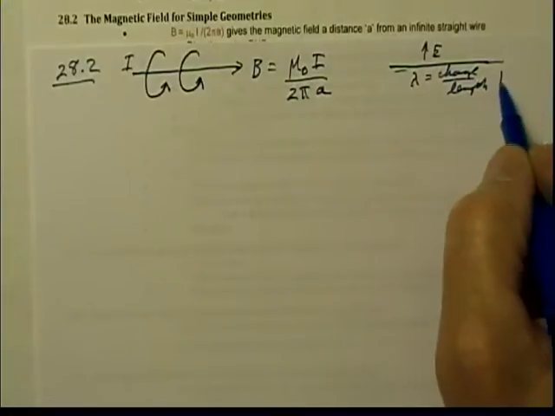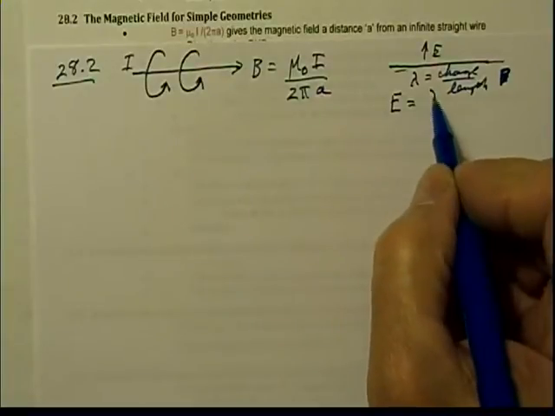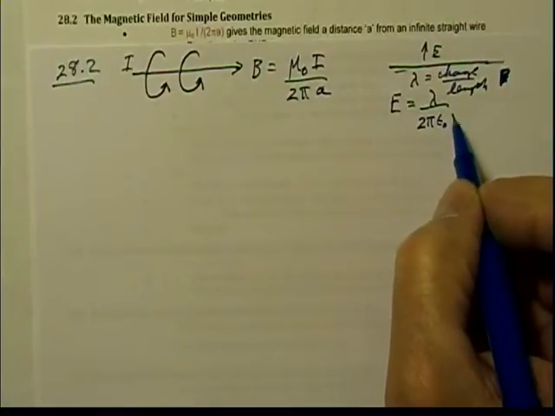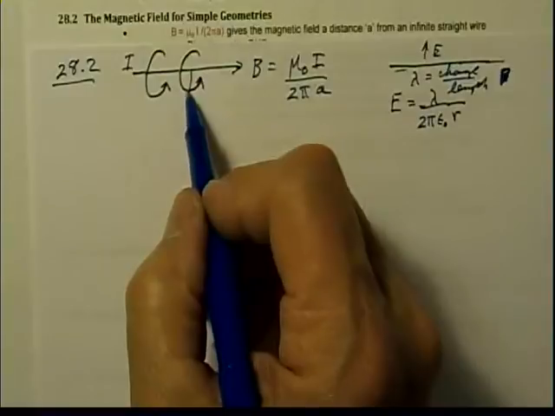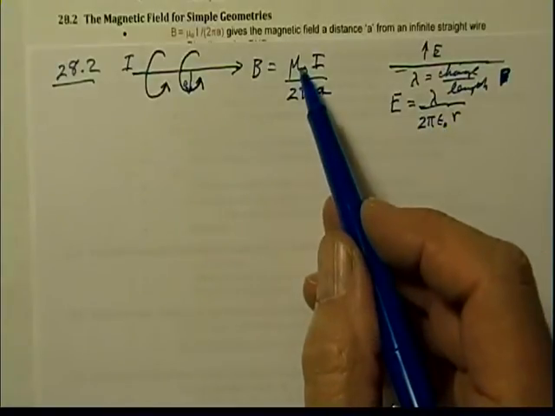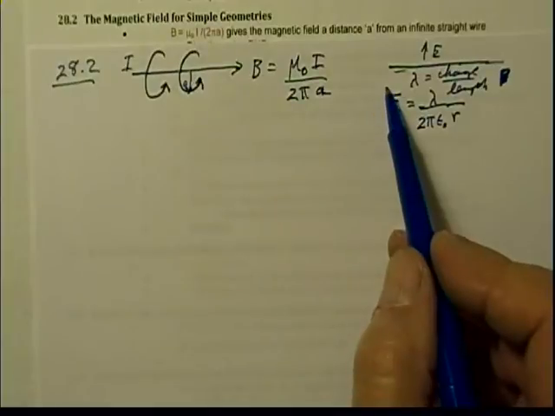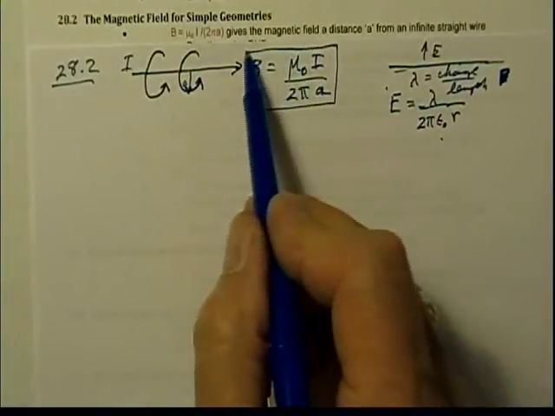And that equation was E is equal to lambda over 2 pi epsilon naught r, where r is the distance away from the wire. Whereas a is the distance away from the wire here, we could have equally written an r there. And except for this mu naught always being in the opposite position from epsilon naught, this equation here is identical to this equation here. So this is our new equation.